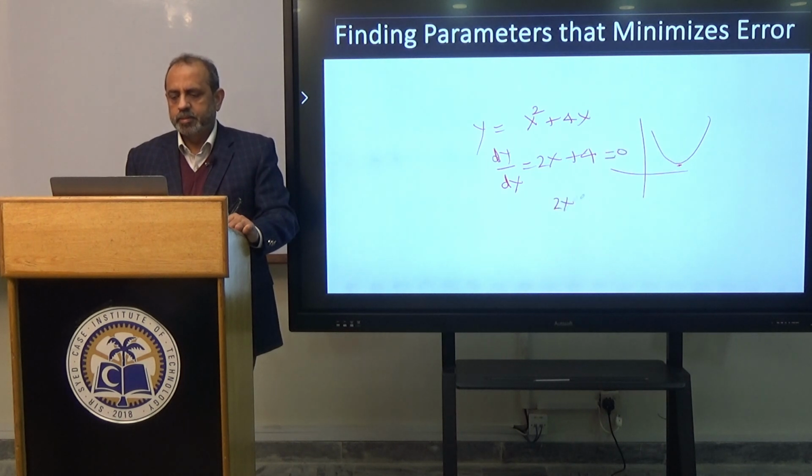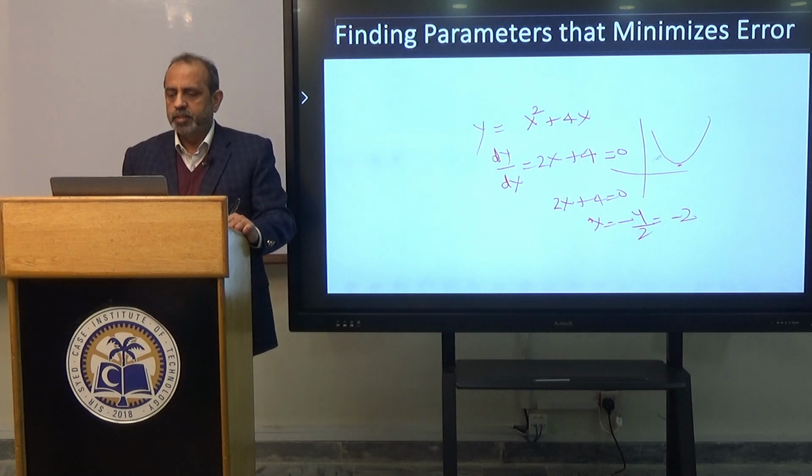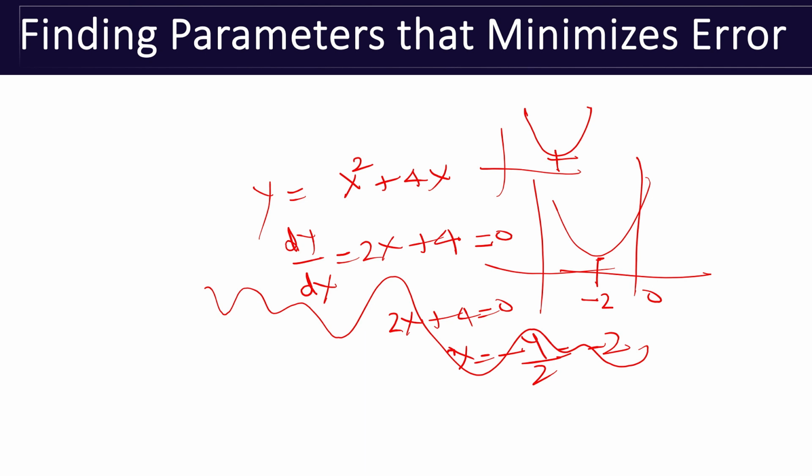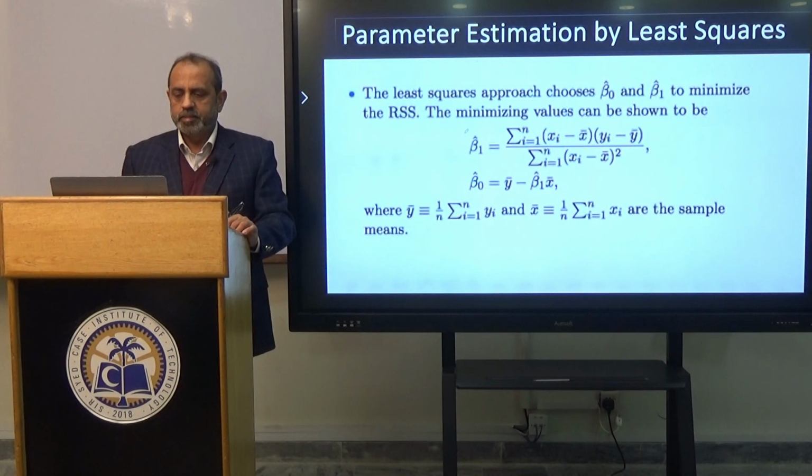So 2x plus 4 is equal to 0, and x is equal to minus 4 divided by 2, which is minus 2. So it is something like this, 0, and the minimum is at minus 2. So you can find the minimum right away. You don't need to do hit and trial. That's something very amazing, that there is a closed form.